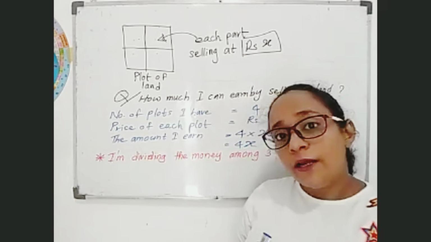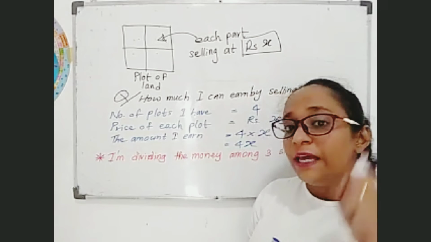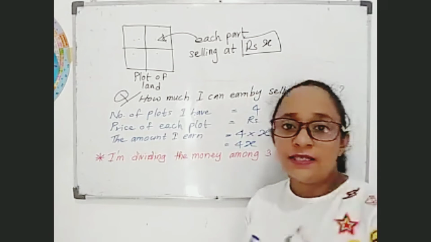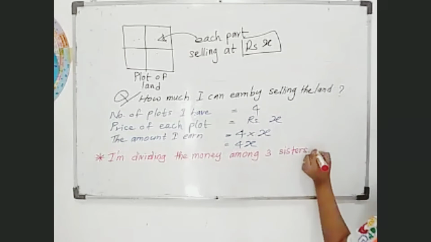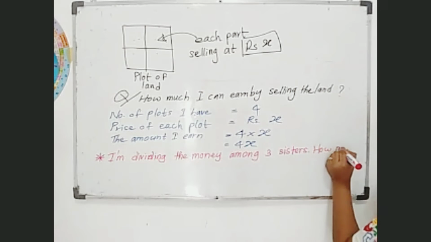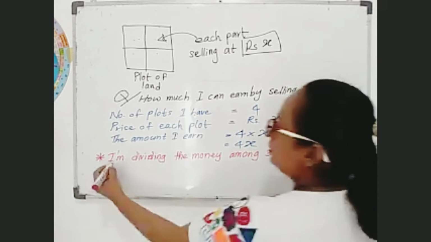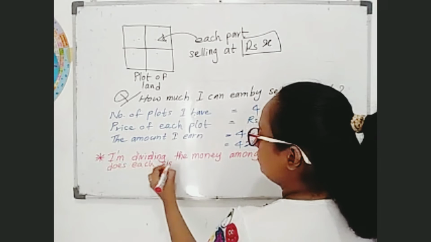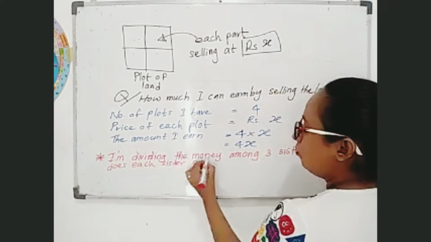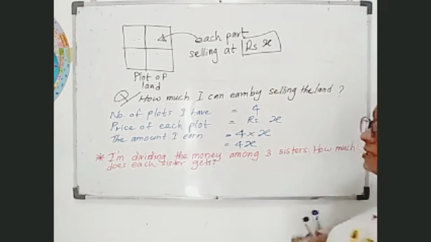So I want to find out how much does each sister get. එක sister කෙනෙක්ට එක සහෝදරියකට කොච්චර මුදලක් යනවාද කියලා. So I want to find out how much does each sister get? How much does each sister get?